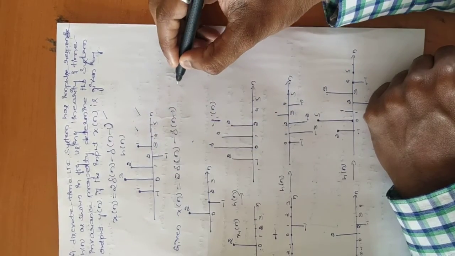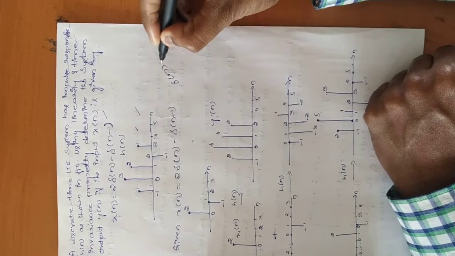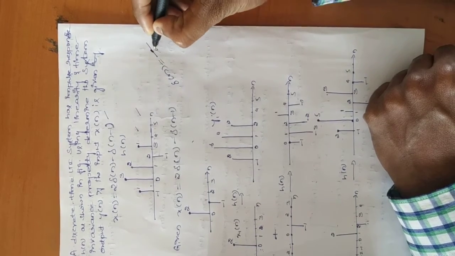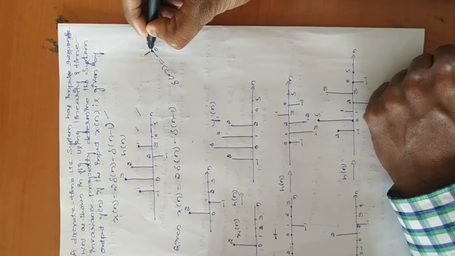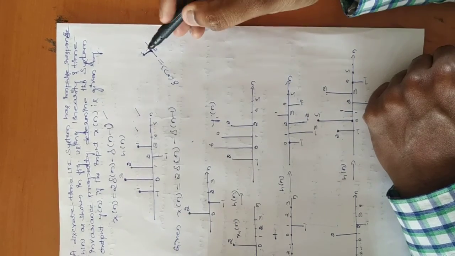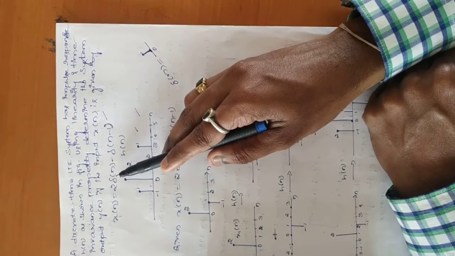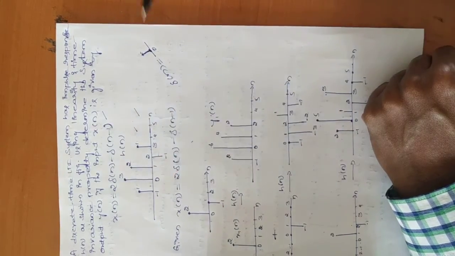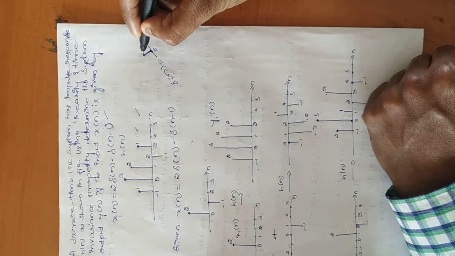So we have delta of n. We have a sample which is existing at 0, whose amplitude will be 1. So the same sample I am using here, 2 into delta of n. 2 indicates the amplitude. In a basic signal the amplitude is 1.